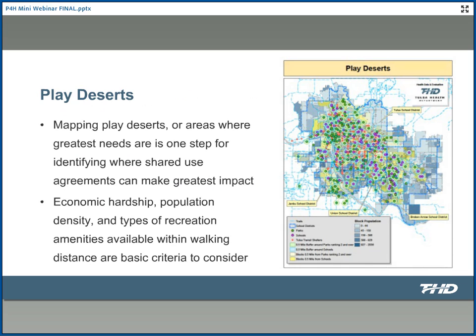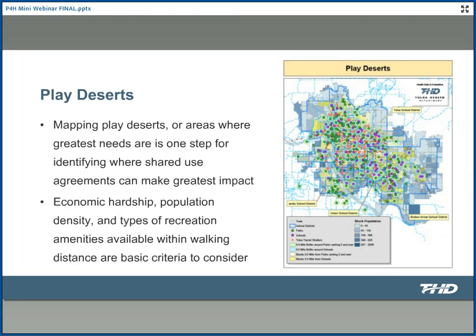And so mapping play deserts, or areas where greatest needs are, is one step in identifying where shared use agreements can make the greatest impact. Because of course, if you unlock a school playground that has a really stellar park next to it, it probably doesn't make as big an impact as unlocking a school playground and getting a shared use agreement at an area that doesn't have a park.